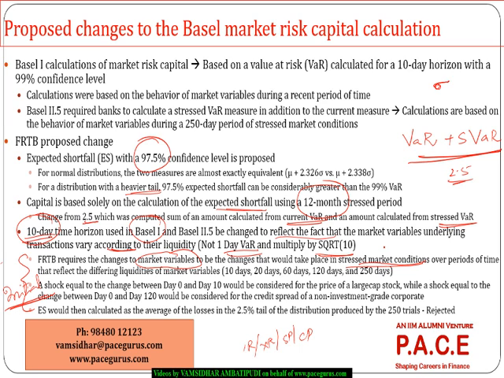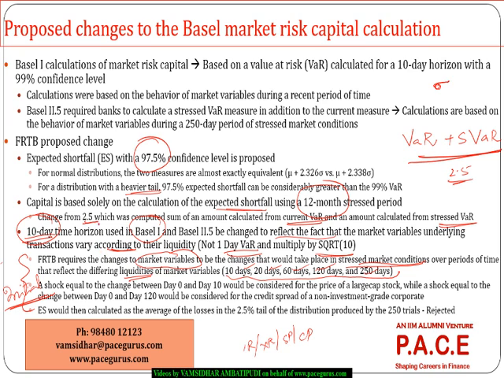So whatever shock you are going to give to each of the market variables has to be based on the kind of variation that reflects the liquidity. They have broken the liquidity horizons into 5 buckets: 10 days, 20 days, 60 days, 120 days and 250 days.